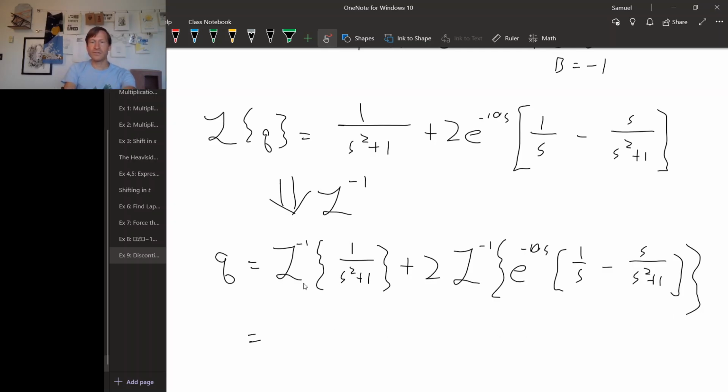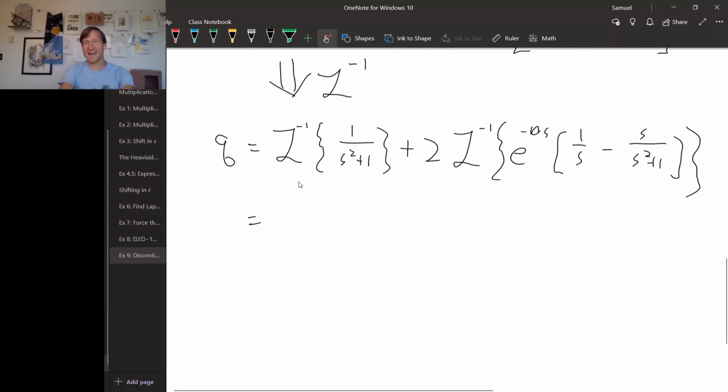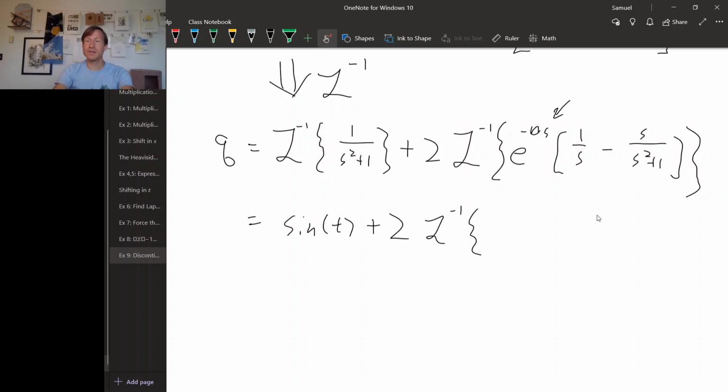Okay, now this first inverse transform, as we noticed earlier, is straightforward. We know this one. It's sine of t, plus 2 times, but the second inverse transform is going to require a little work. So first of all, there's a multiplication by an exponential in the s world, and that means that in the t world, we're going to get a shift.